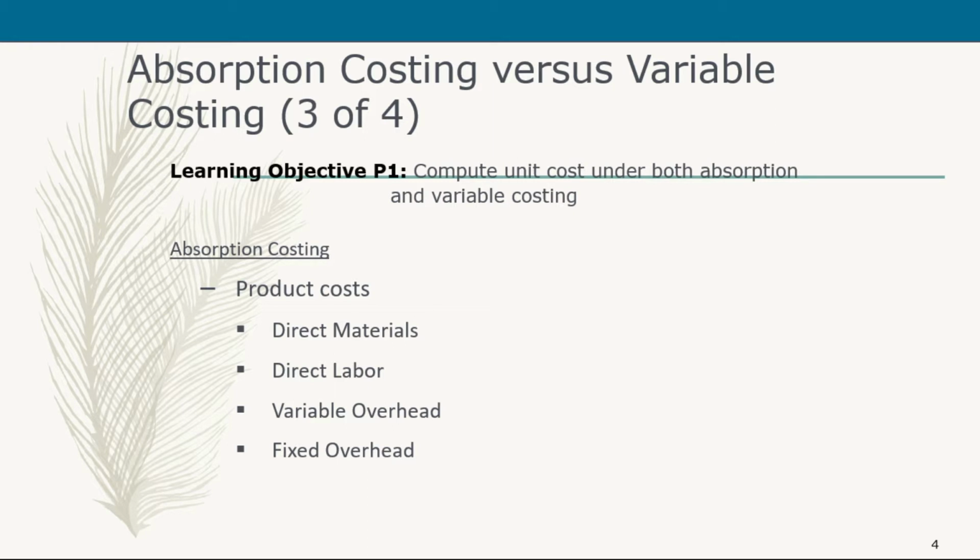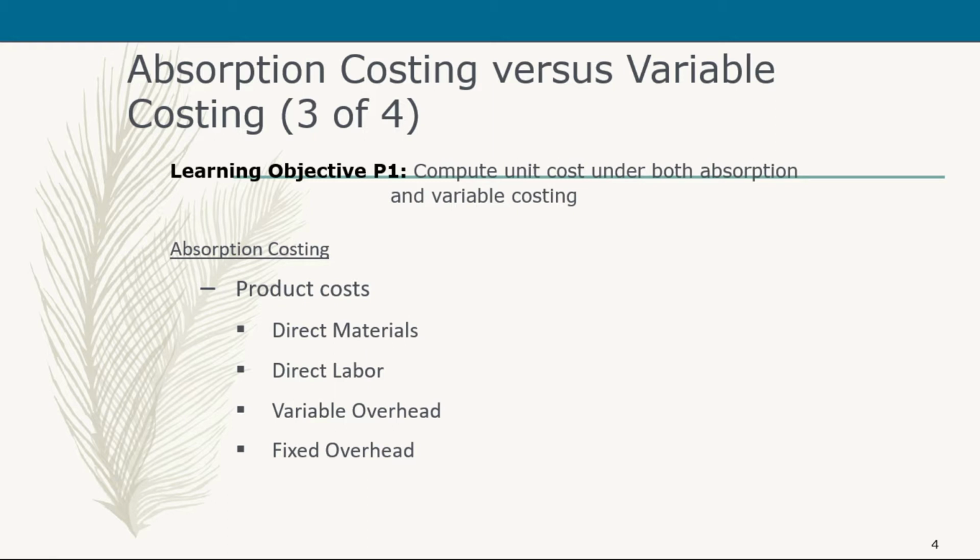If your activity or cost driver increases, definitely your unit cost pertaining to your fixed overhead is what? Decreasing. And vice versa, no? Let's say for example your cost driver activity decreases, your unit cost pertaining to your fixed overhead will increase.